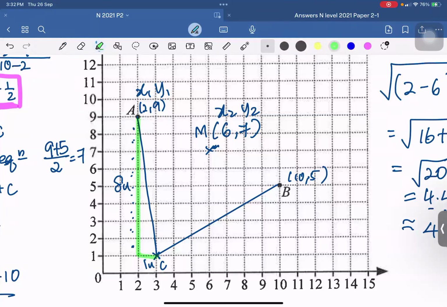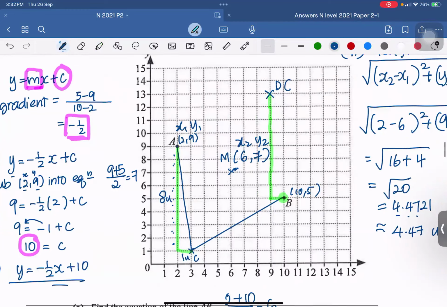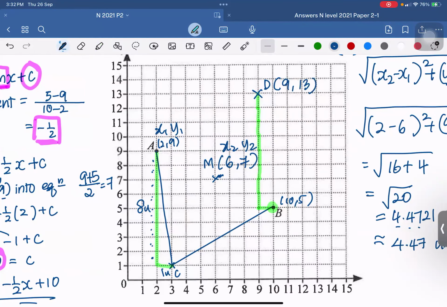So in this case, this green point B, I have to count 1 unit to the left, then go up 1, 2, 3, 4, 5, 6, 7, 8. Then this point is my point D. And this is the point 9, 13. So then this will be my rhombus.